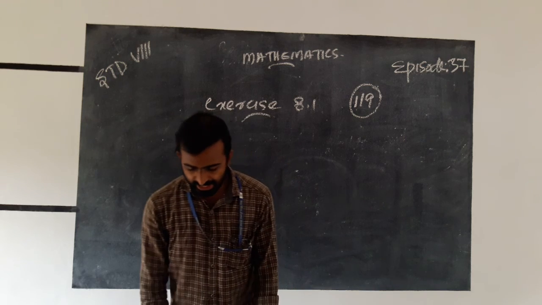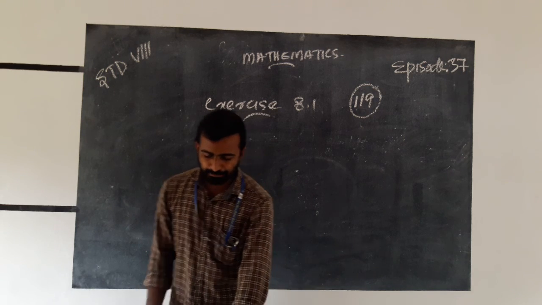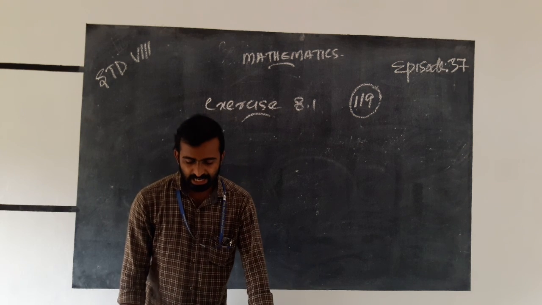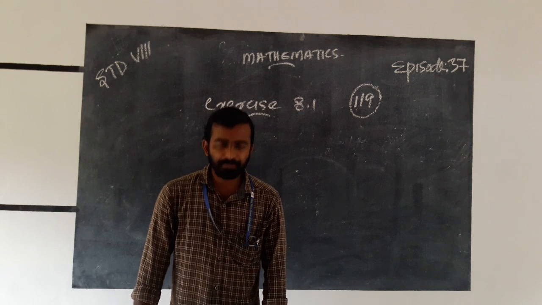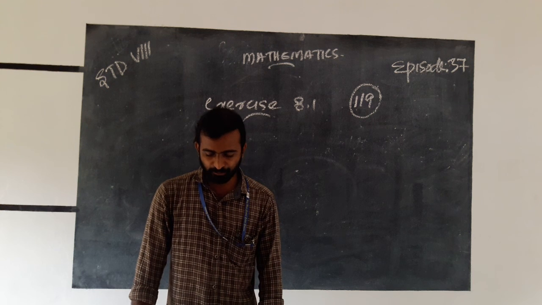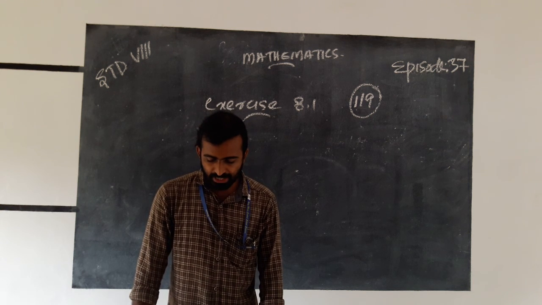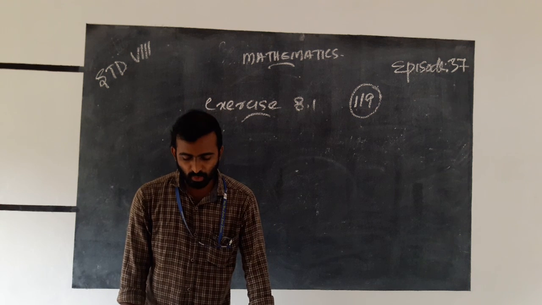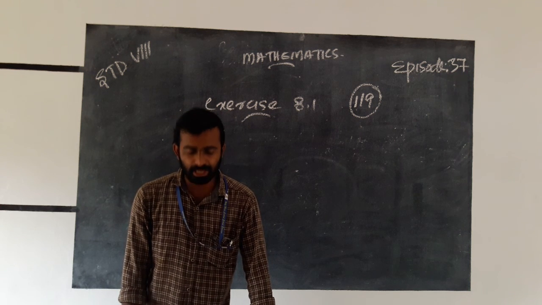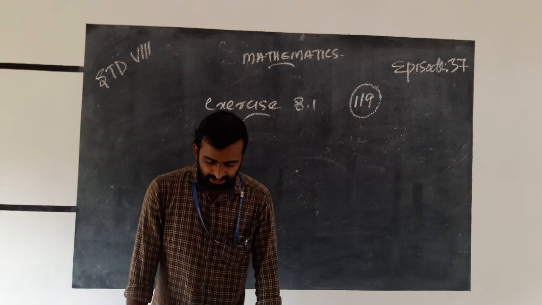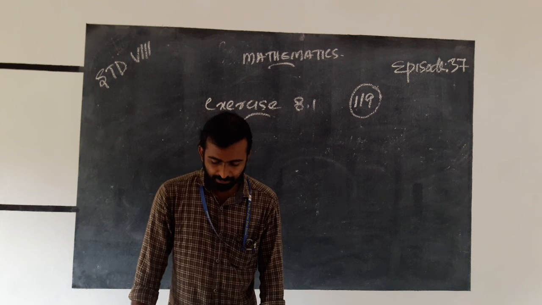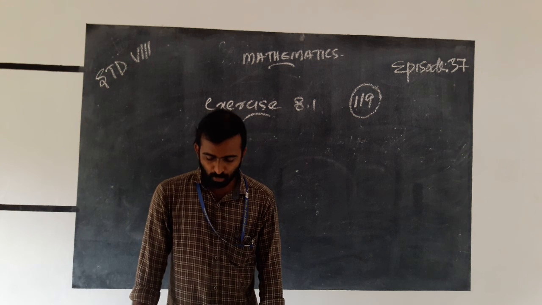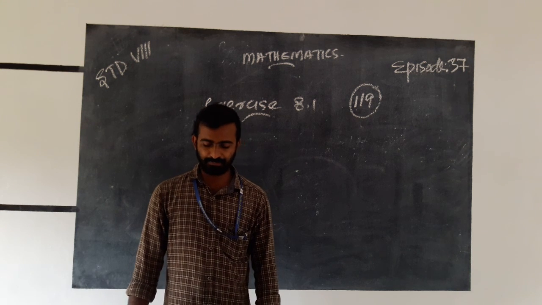If 60% of people in a city like cricket, 30% like football, and the remaining like other games, then what percentage of the people like other games? And if the total number of people is 50 lakh, find the exact number who like each type of game.